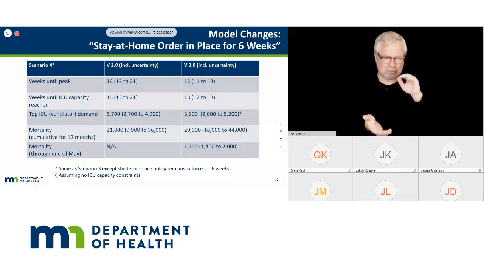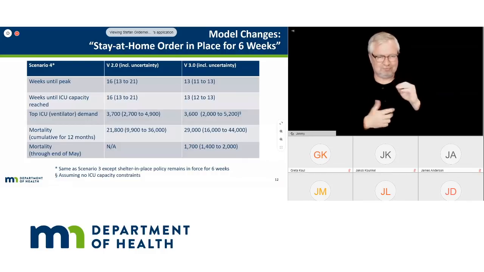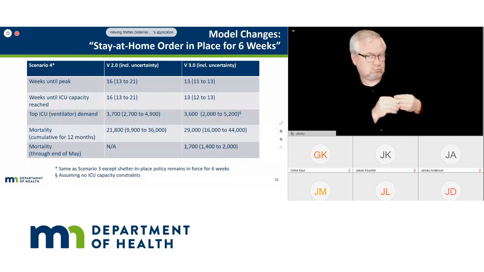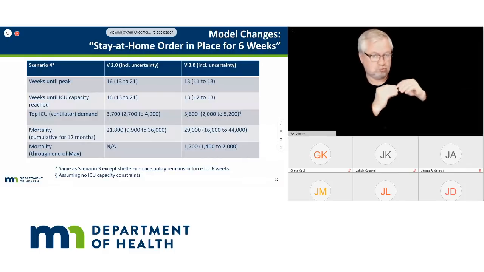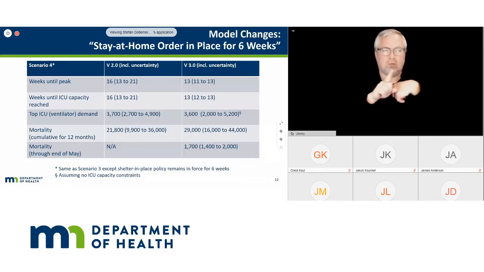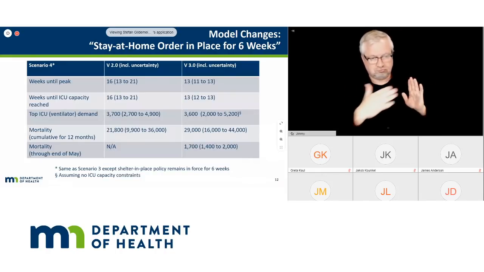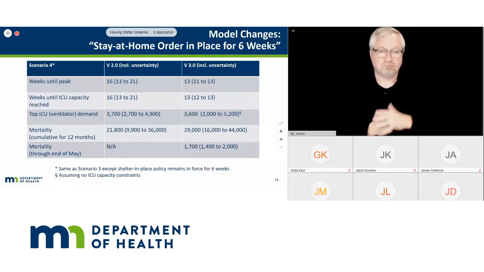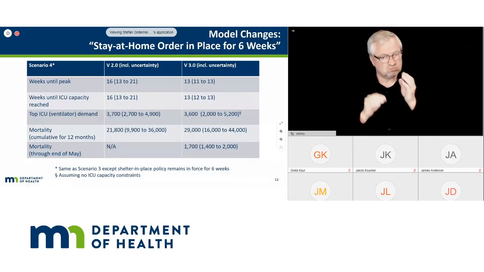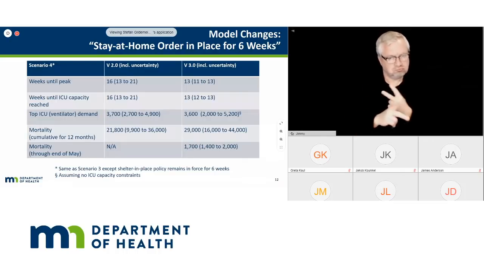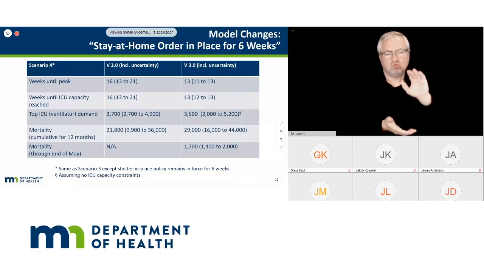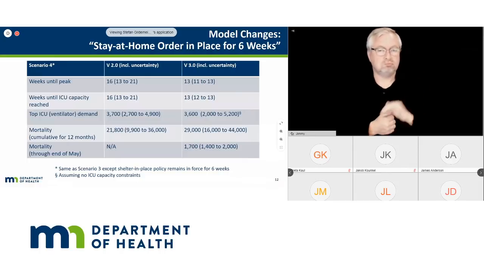So what we wanted to clarify, the mortality is cumulative mortality for the duration of the pandemic, which we model in a window of about 12 months. But the near-term mortality would be, of course, much, much lower. So as you're ramping up to the peak, mortality would be increasing, but not to 29,000, to a much, much lower value. And mortality would continue to occur as we're moving down from a peak.